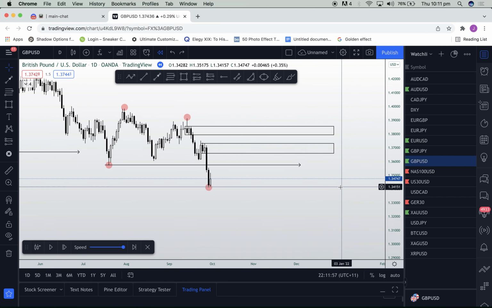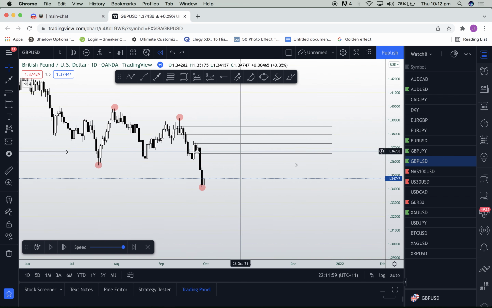This is where you need to have an entry criteria, and we'll run over this, and you need to identify which ones are stronger. But remember, on the daily time frame, this is the high, this is the low, not this. Meaning, price can still come up to this area here, right?